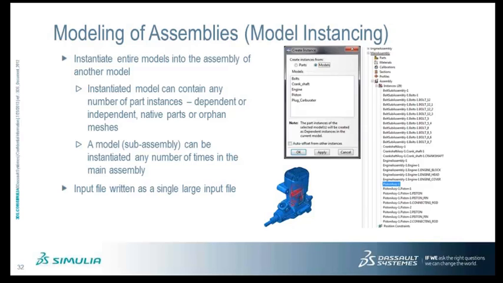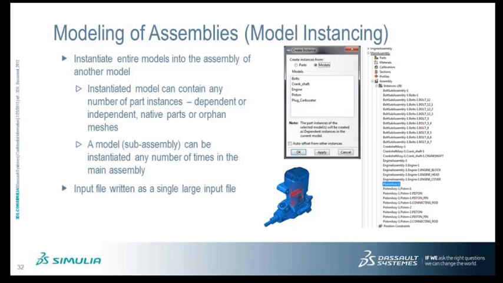In other words, you can instantiate models, hence the name model instancing, and you can create a true assembly structure with a hierarchy. The models that you instantiate can contain any number of parts, and the part instances in those models can be dependent or independent, native, or can contain orphan meshes. Just as in the case of parts, the models too can be instantiated any number of times.